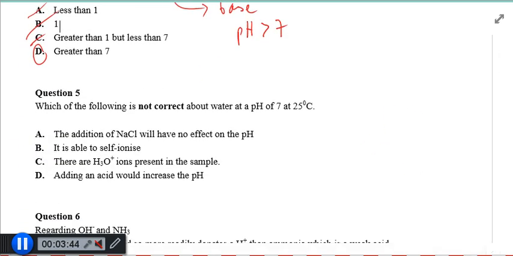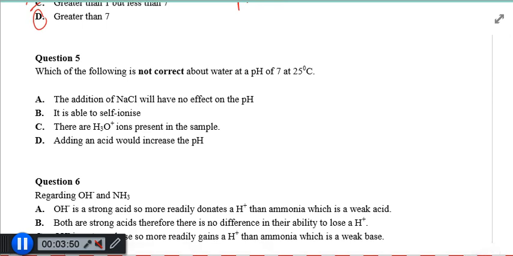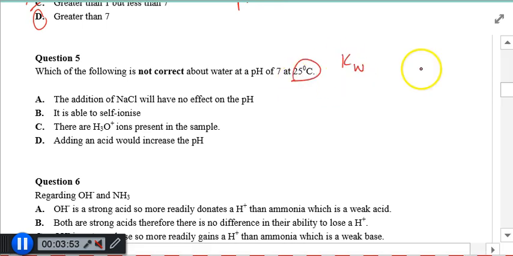Easy enough. Question 5, which of the following is not correct about water at a pH of 7 at 25 degrees Celsius? Okay, 25 degrees Celsius, I'm immediately thinking of the ionization constant, which is 10 to the power negative 14 molar squared. So that's the concentration of hydronium ions multiplied by the concentration of hydroxide ions.